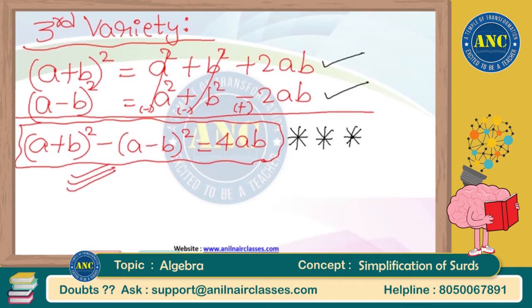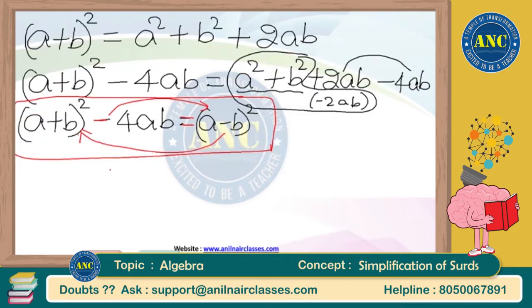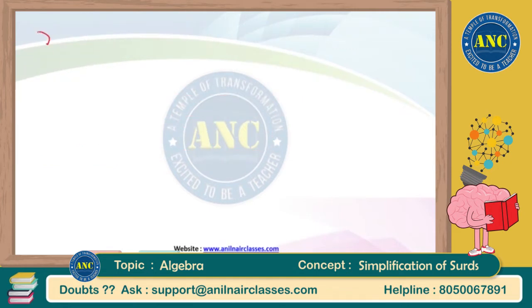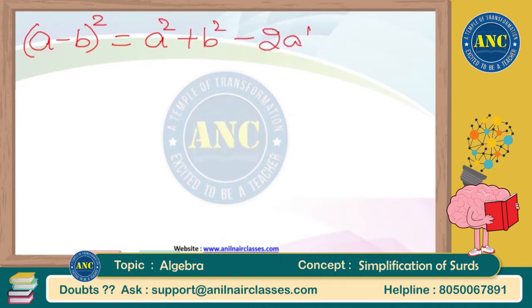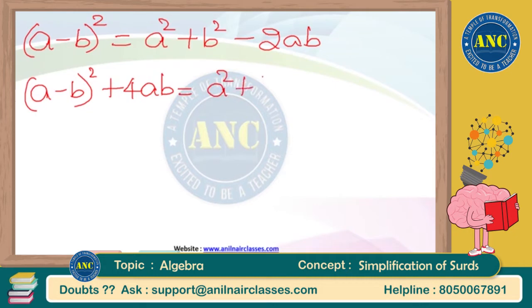Both are absolutely same. Now in the second notation, I solved by using (a + b) whole square. Suppose I only have this notation with me called (a - b) whole square. This is a square plus b square minus 2ab. Now for this (a - b) whole square, on the left hand side I will add 4ab, and for the same right hand side term, I will add 4ab.